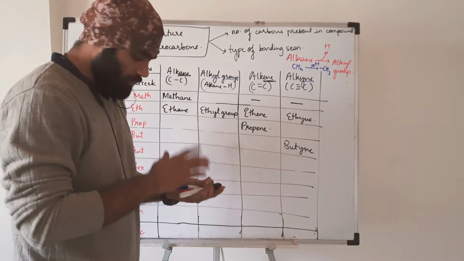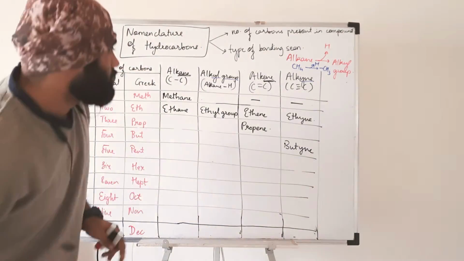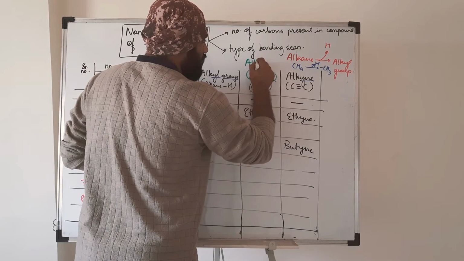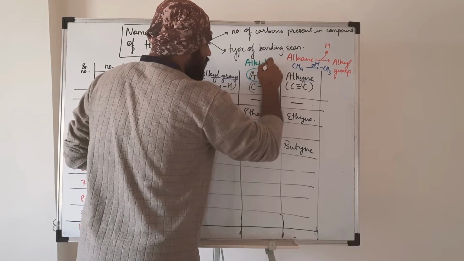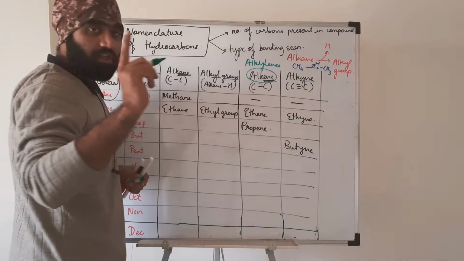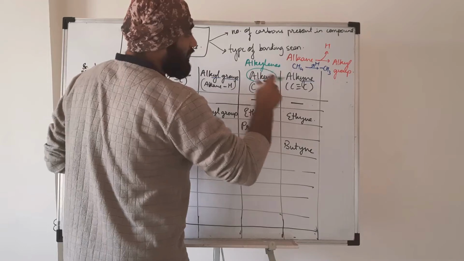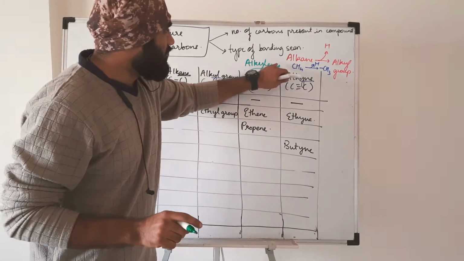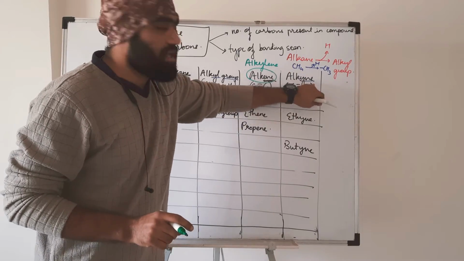One more important thing: remember that alkenes are also called alkylenes. Remember, it is alkylenes, it is not alkynes, there is a difference. Y-L-E-N-E, and Y-N-E.